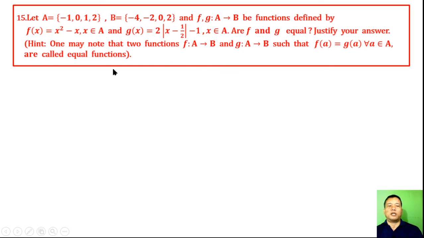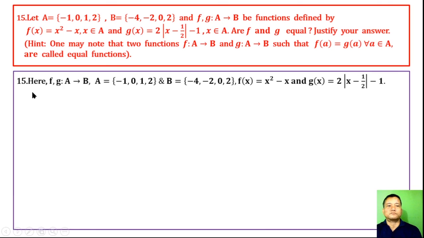Justify your answer. Hint: one may note that two functions f from A to B and z from A to B such that f of a equals z of a for all a belongs to A are called equal functions.